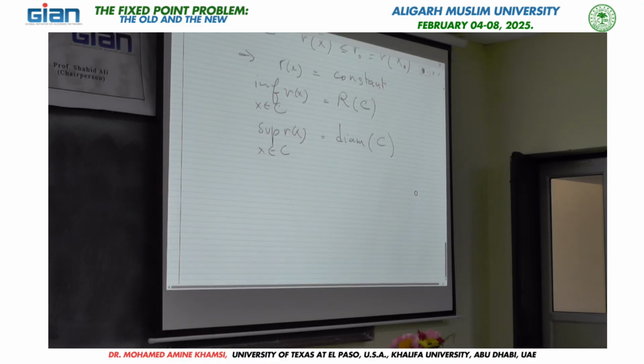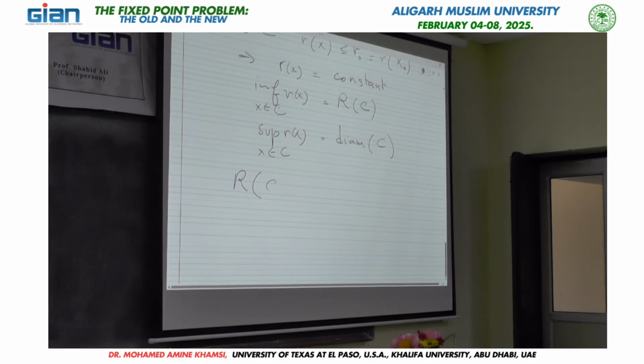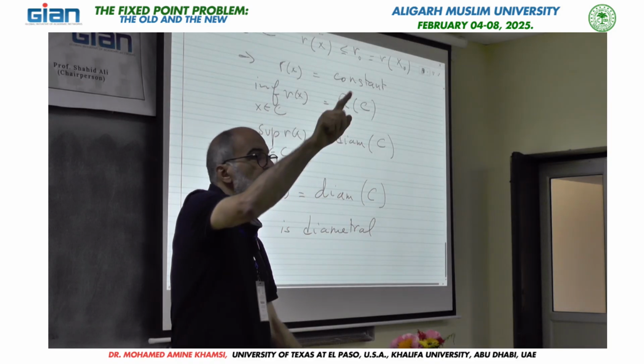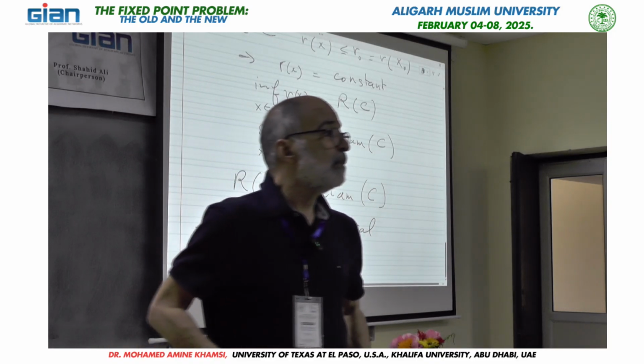We found, in fact, that R of C equals diam of C, and the Chebyshev center is the entire set. So this is what's known as C is diametral, when the radius is equal to the diameter. If you take the unit ball in little l infinity, it is diametral, the unit ball.